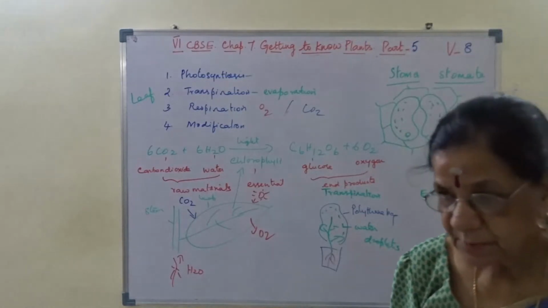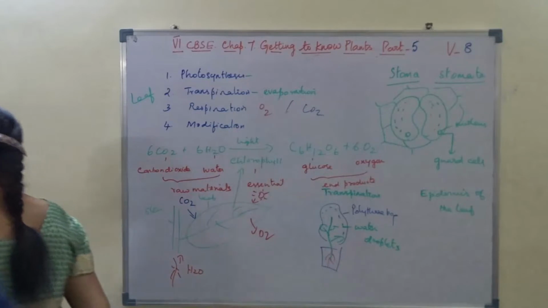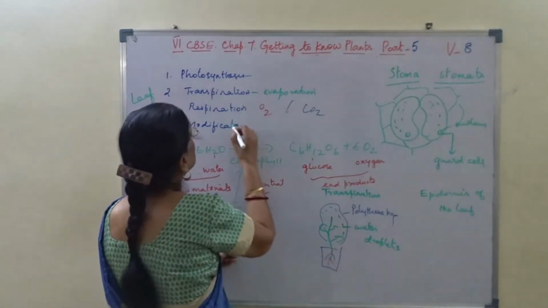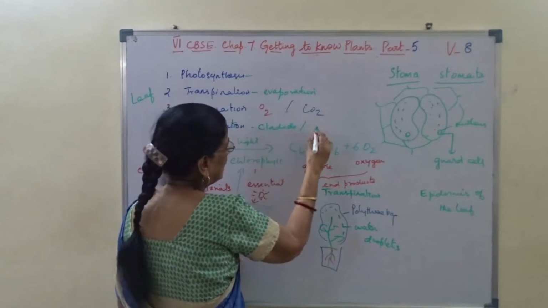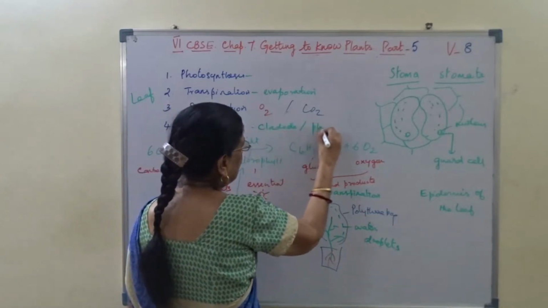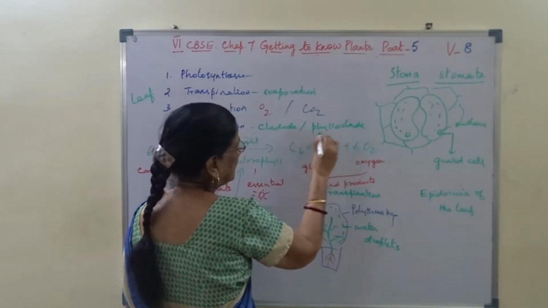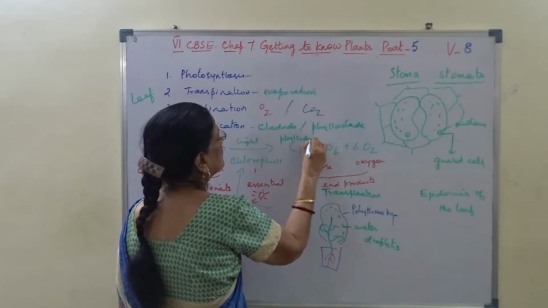Okay, and sometimes we come across two terms. One is called cladode or phylloclad. We come across two terms, cladode, phylloclad, and one more, phyllodes.